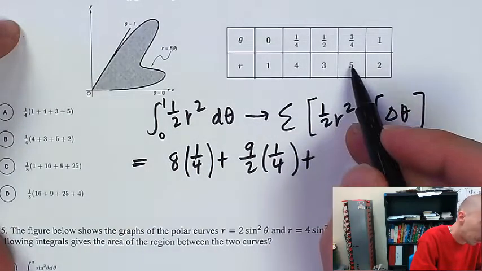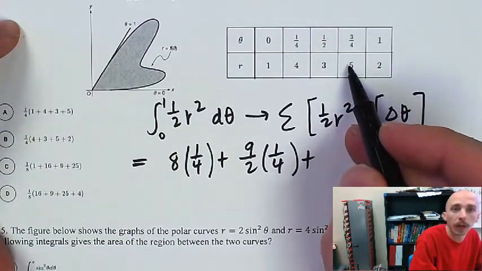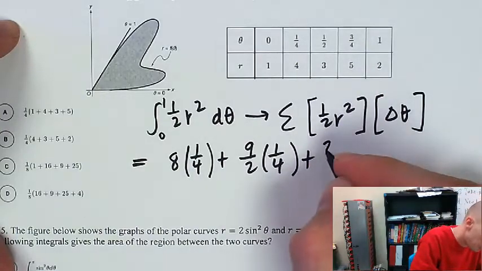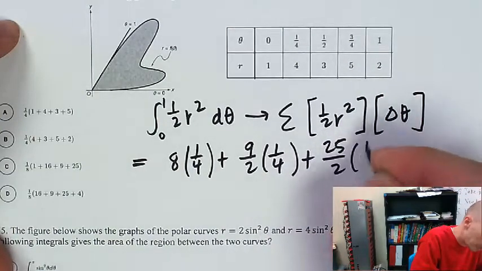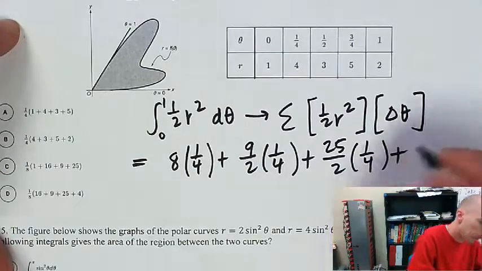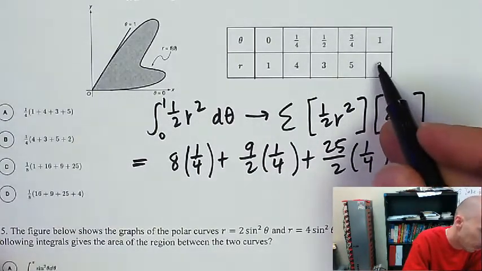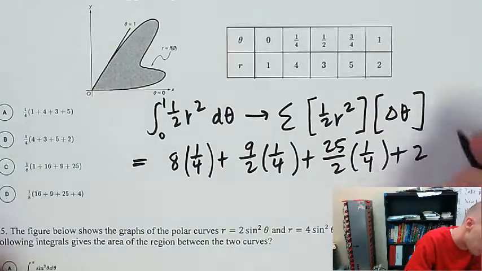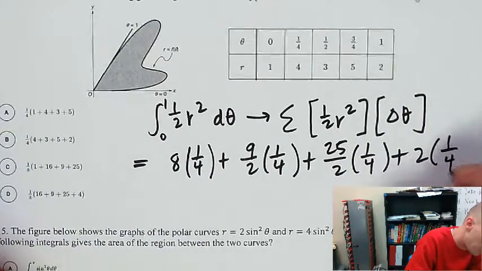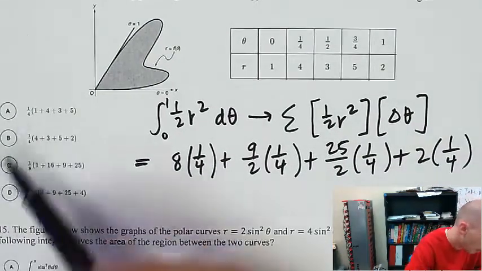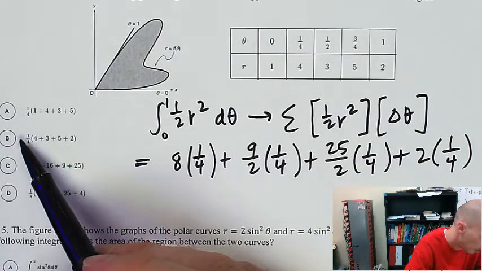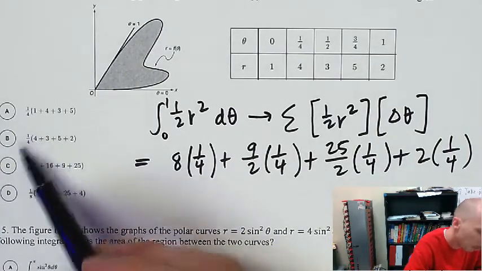Plus the third one would be 1/2 r squared, 1/2 of 25, width is 1/4. Plus, choosing from the right edge of this subinterval, 1/2 r squared is 1/2 of 4, is 2 times 1/4.